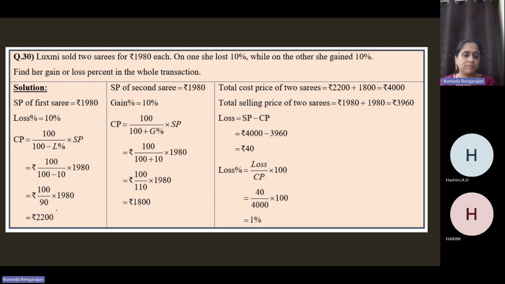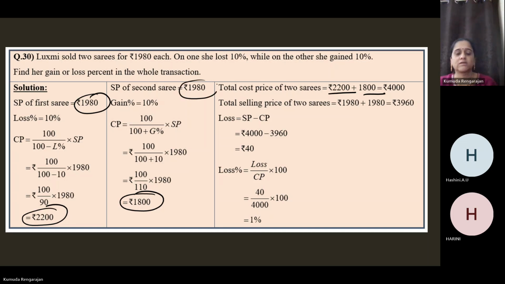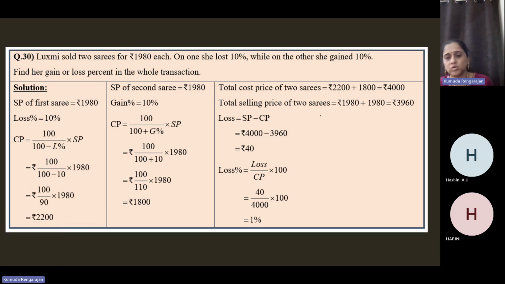Then find the total CP, the sum of these two numbers. Then find the total SP. Now, when you compare the total CP and the total SP, you can see that the CP is more than the SP. So it's a loss. And what is loss?